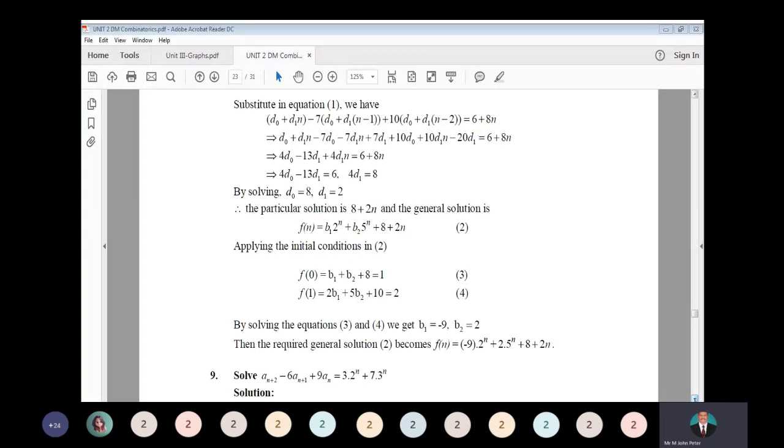So these are two equations with two unknowns: b1 plus b2 is equal to minus 7, and 2 b1 plus 5 b2 is equal to minus 8. Solving, you will get b1 equal to minus 9 and b2 equal to 2. So the required general solution becomes f of n equal to minus 9 into 2 power n plus 2 into 5 power n plus 8 plus 2n.